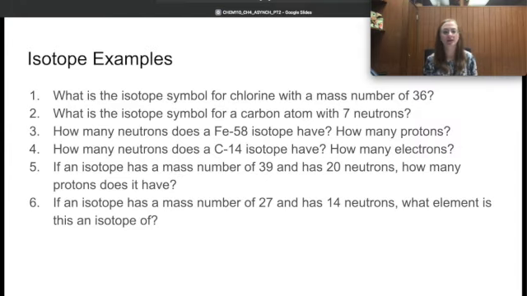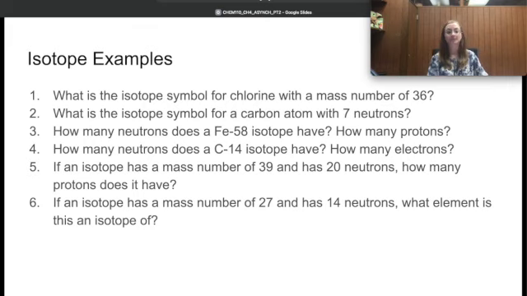So iron-58, if we want to know how many neutrons this isotope has and how many protons, we need to think about the fact that we have iron first and foremost. So I can immediately figure out how many protons it has, right? How many protons does this have?